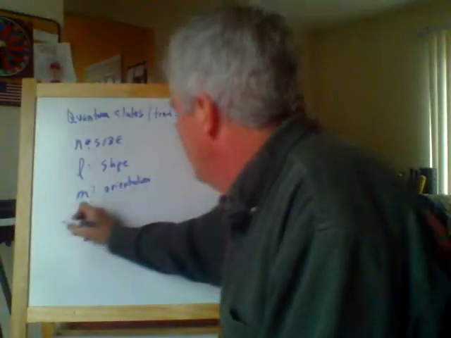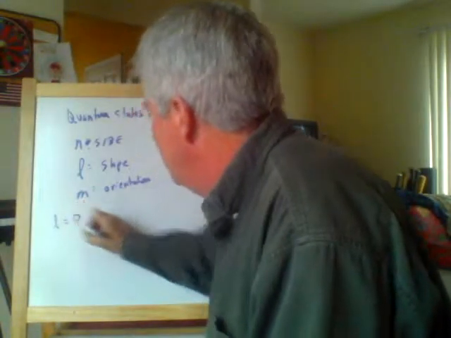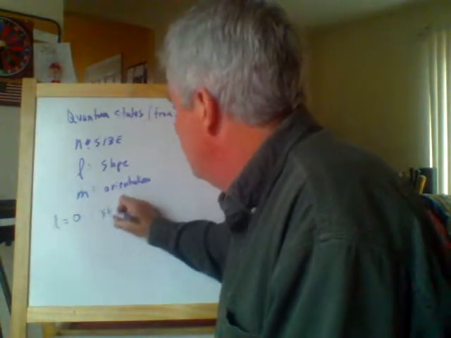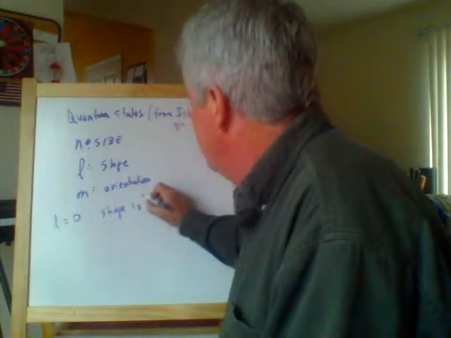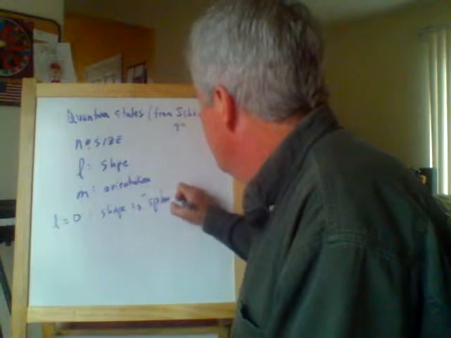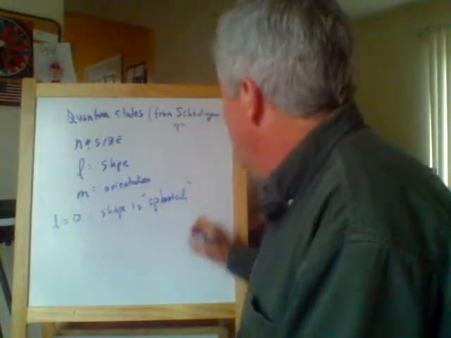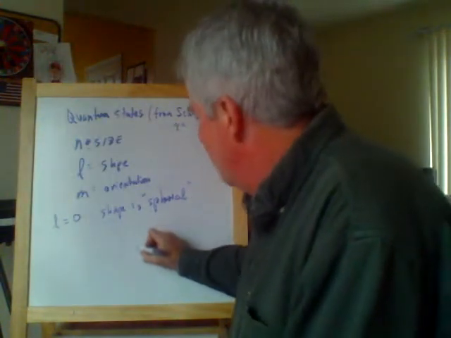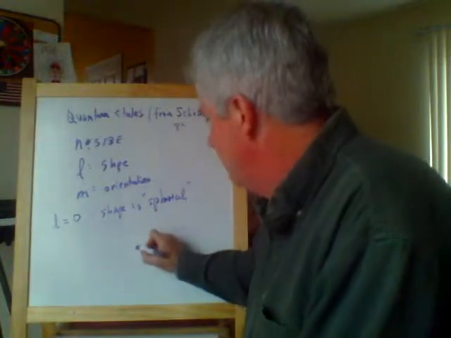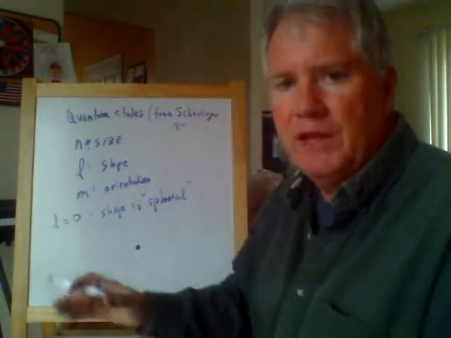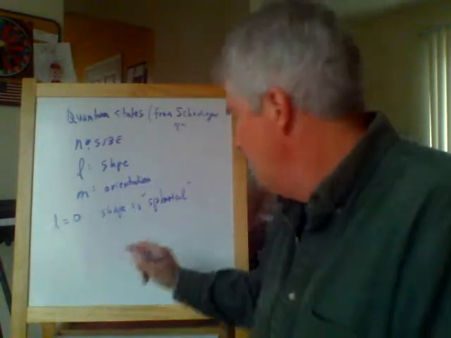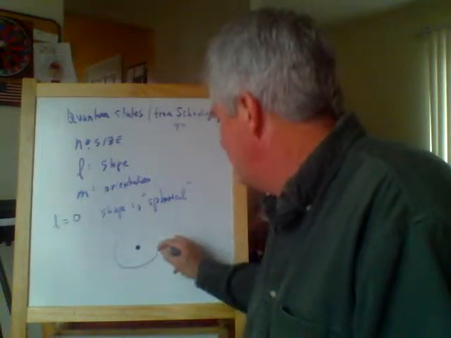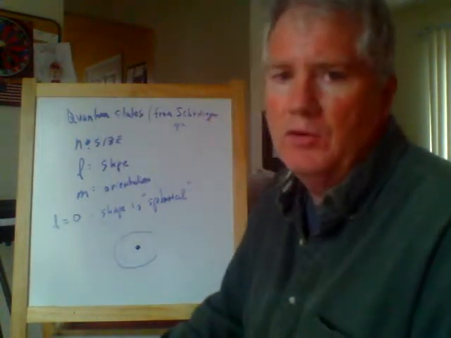So first of all, when l equals 0, the shape is spherical. All that means is if the nucleus is here, then the shape of the electron probability density is essentially a sphere centered around the nucleus.